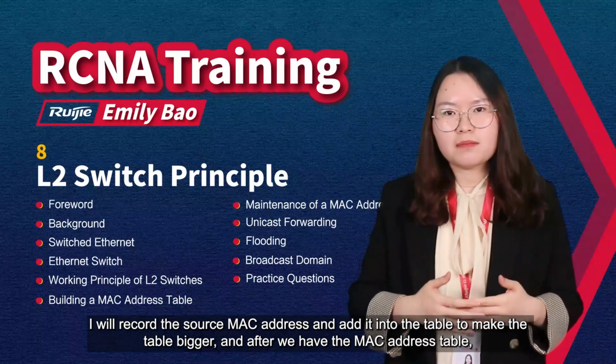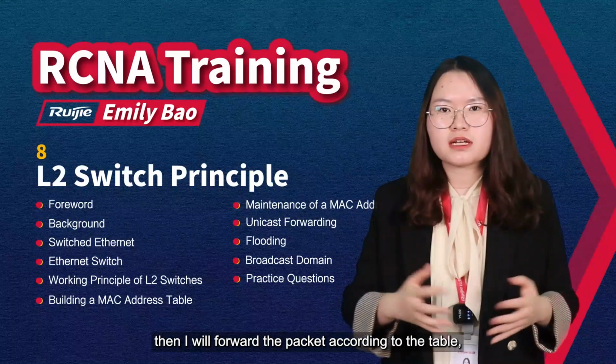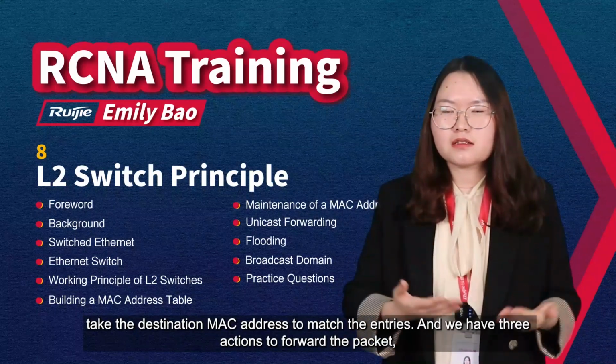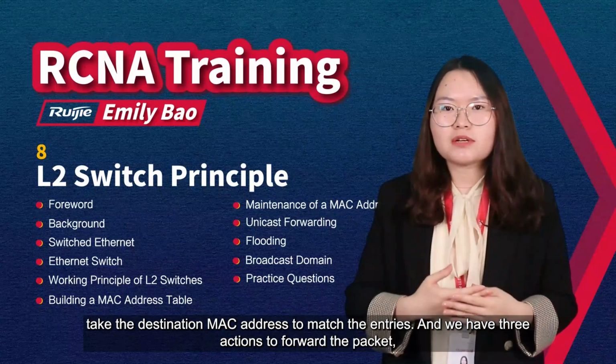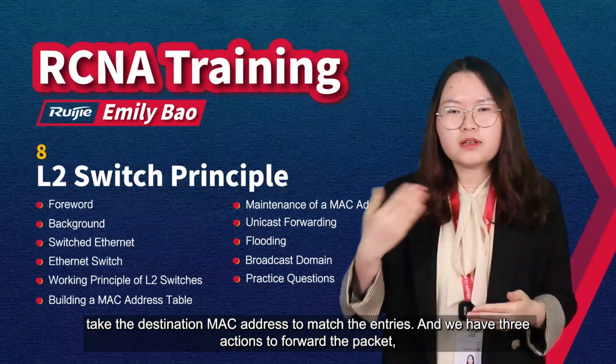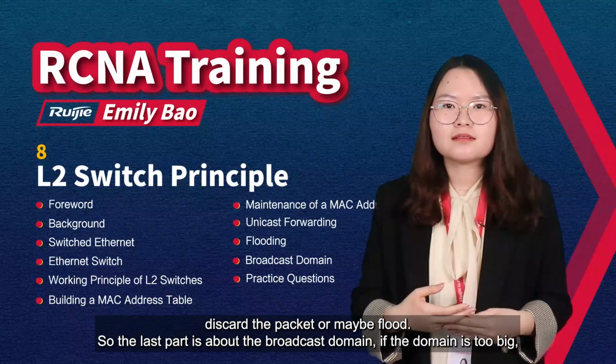After we have the MAC address table, the switch forwards packets according to the table, taking the destination MAC address to match the entries. And we have three actions: forward the packets, discard the packets, or flood.